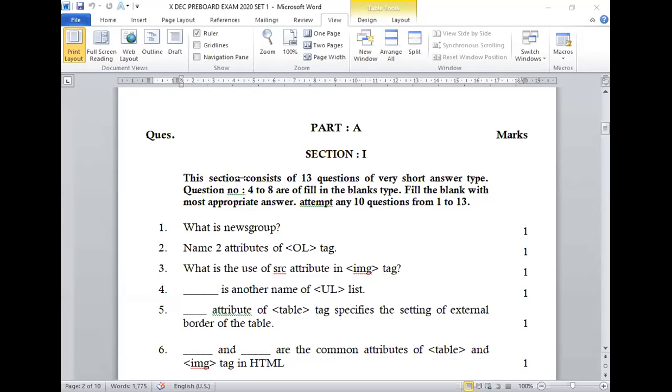Gurjot, Devanshi, Kamakshi, both the windows are visible. Which only word window is visible? Notepad is not visible. All right, all right.